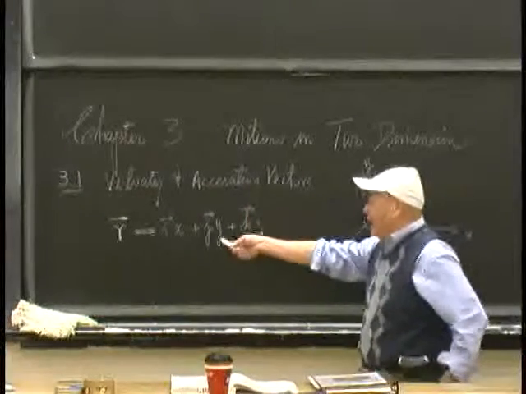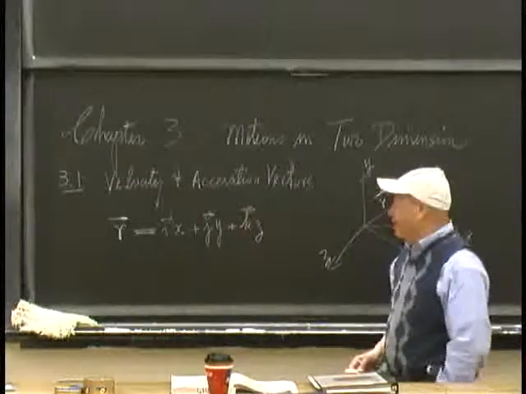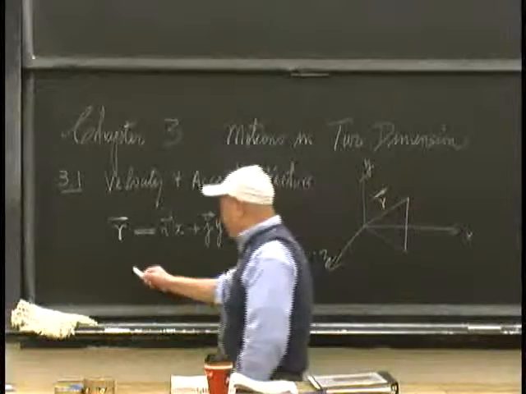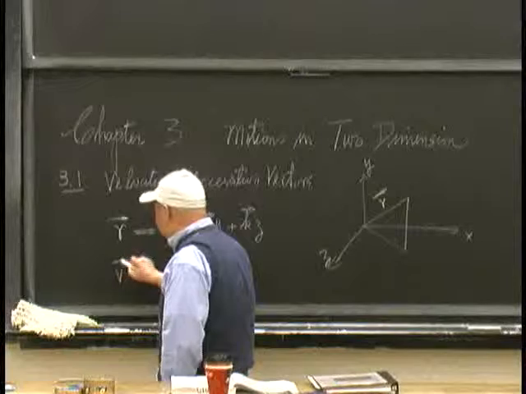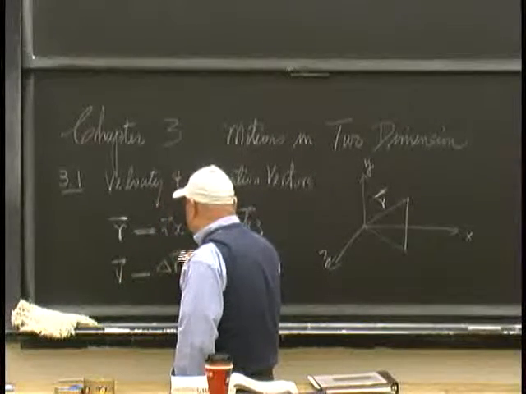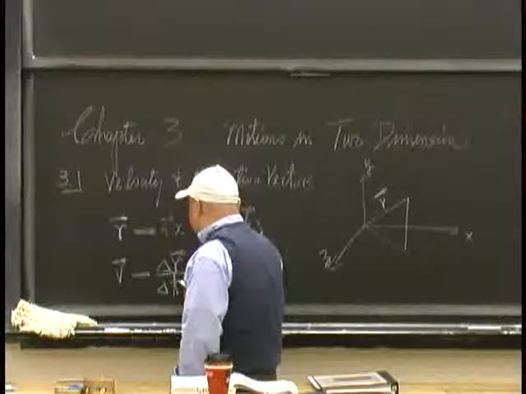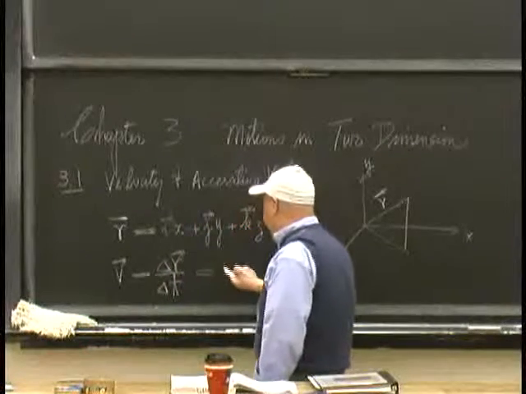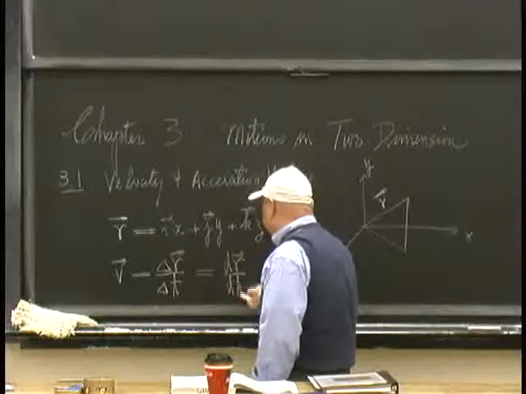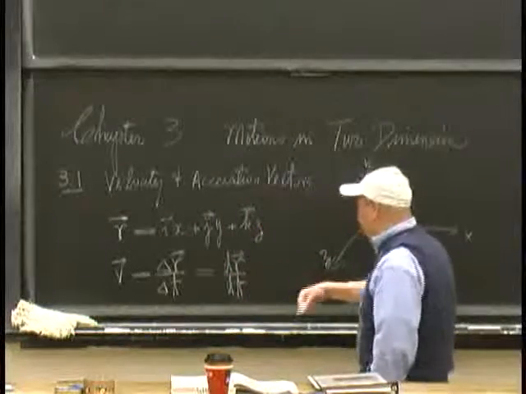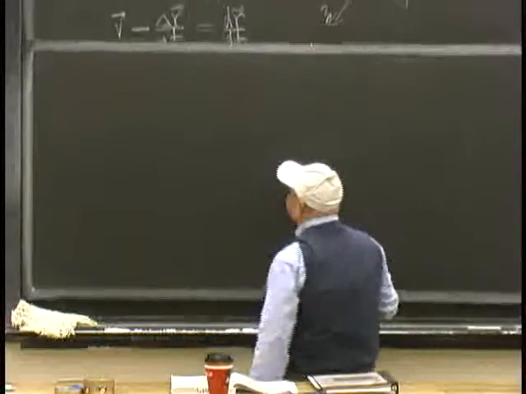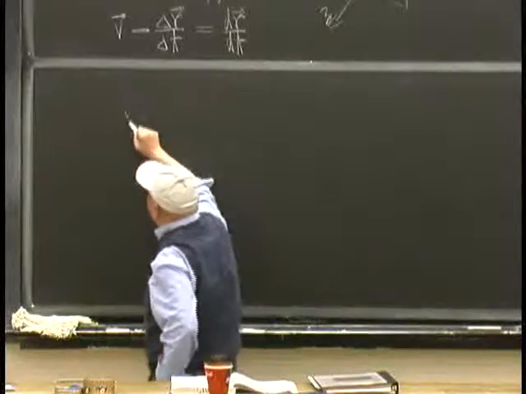So r equals i x plus j y plus k z. Then velocity per se is equal to delta r over delta t, or that is equal to dr/dt. If you express all this out, then you find something very interesting.